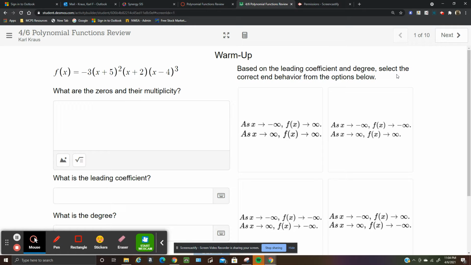This is a video of the polynomial function review. What are the zeros here? So you have to equate each factor to 0. So x plus 5 squared equals 0.